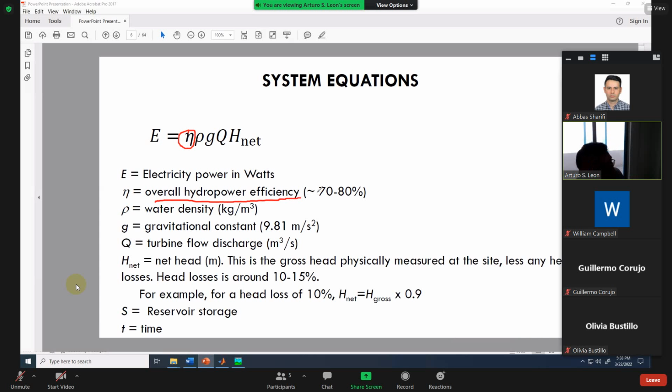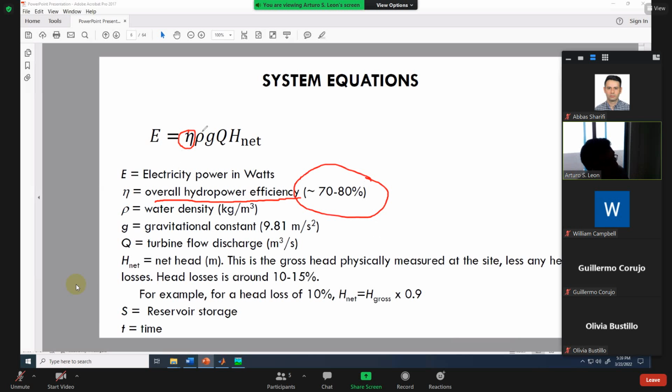This is the turbine. Typically the efficiency of producing power is 70 to 80%, depending on the turbine. For example, you have a Francis turbine, you have a Pelton turbine. Depending on the turbine that you use and your design, the efficiency can change from 70 to 80%.